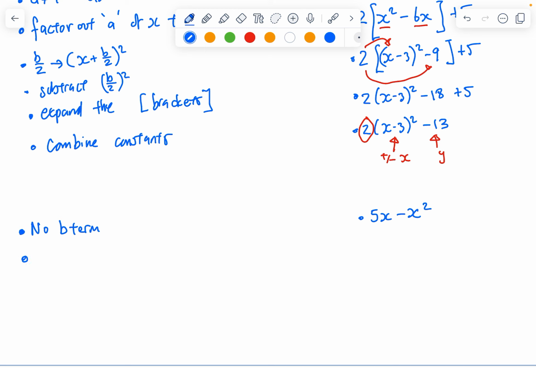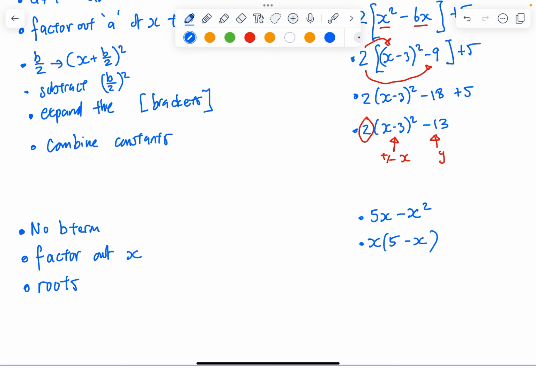So I'm going to factor out x. So I get x times 5 minus x. Okay, well, this is the same way that I would solve it to find out what makes it equal to 0. So now I know that this will cross the x-axis.